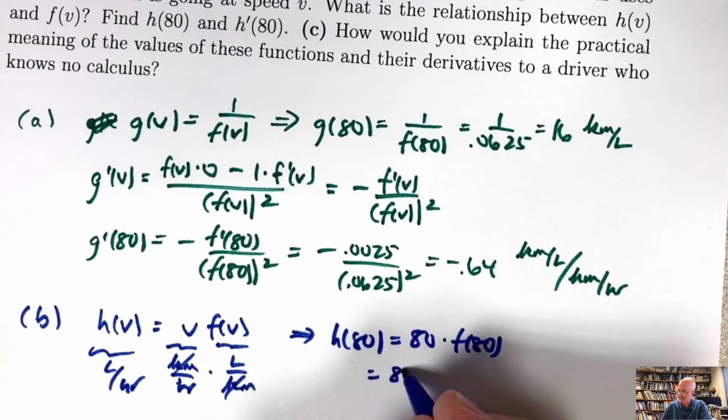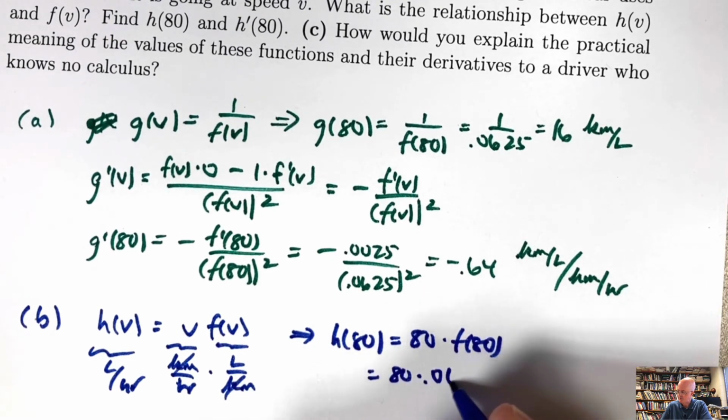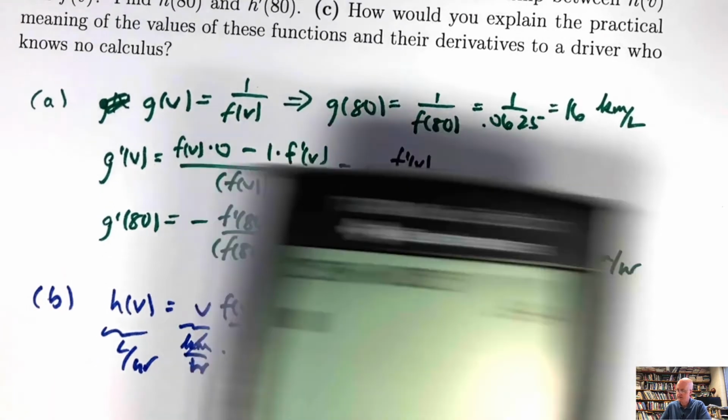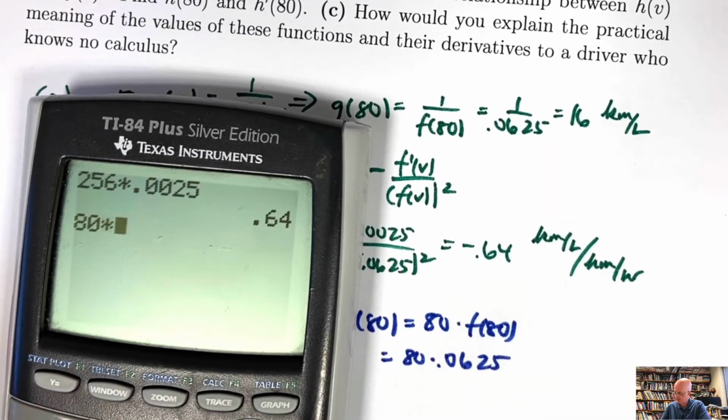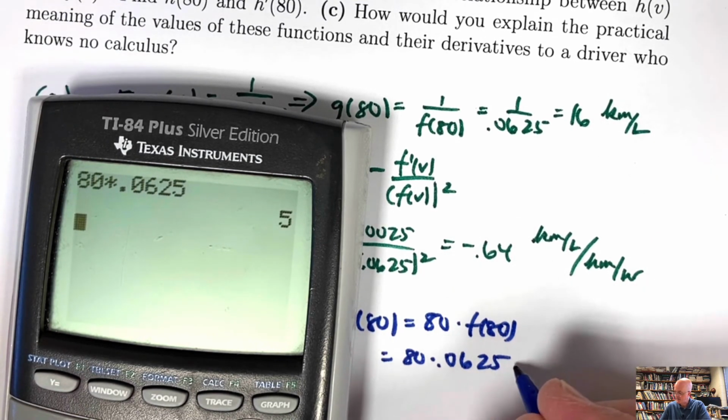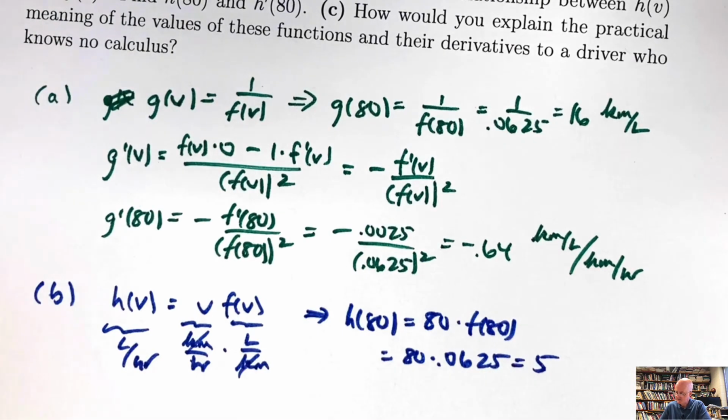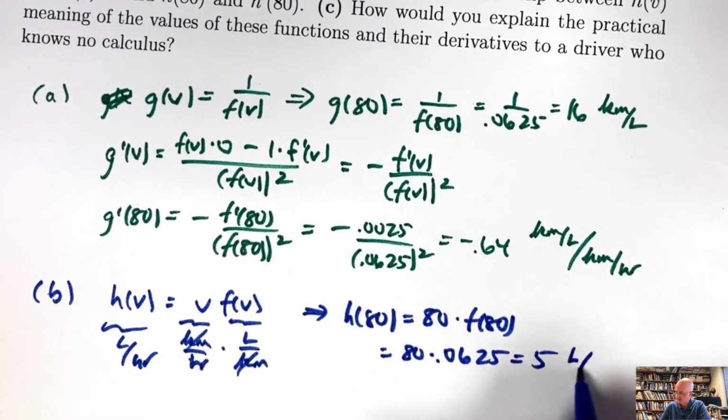So that'll be 80 times F of 80, which was 0.0625. 80 times 0.0625 is 5. What are the units? Liters per hour.